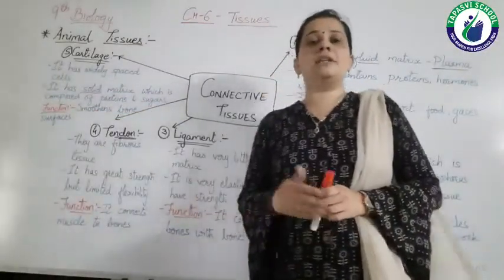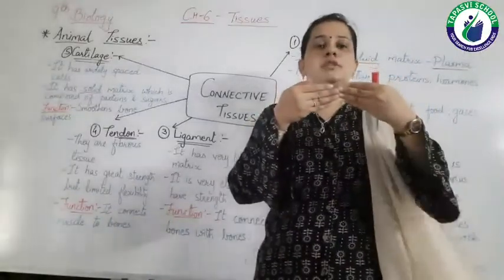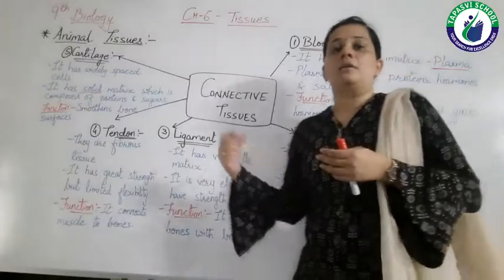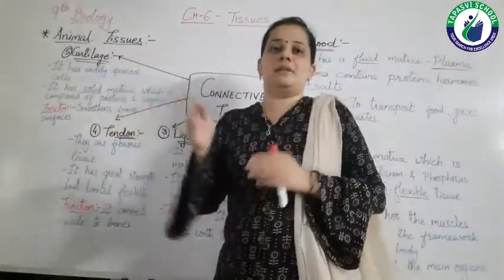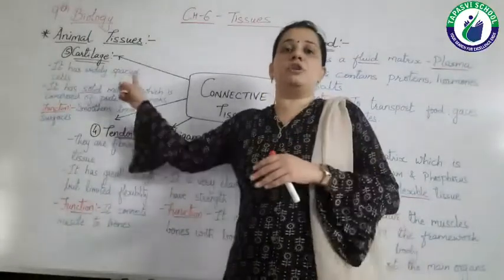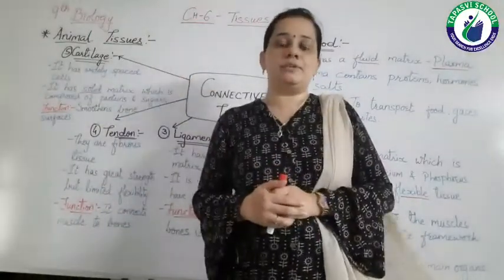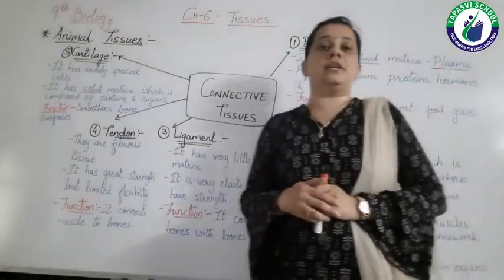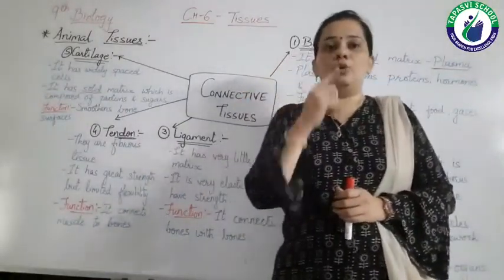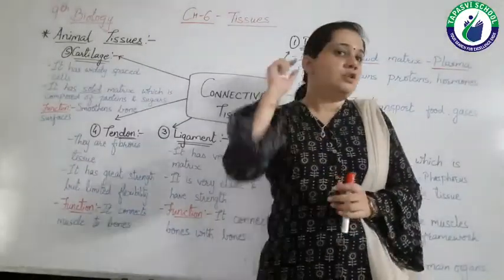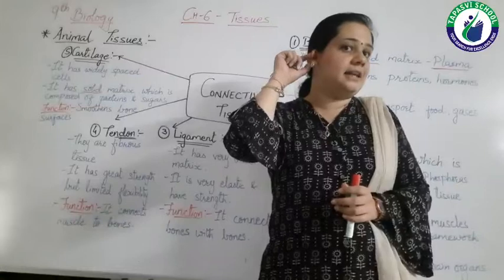Whenever there are two bones, there is a presence of ligament. But the surface of the bone becomes smooth because of the presence of cartilage. We can also say that cartilage is present in our ears, in our nose, in the trachea as well as the larynx.